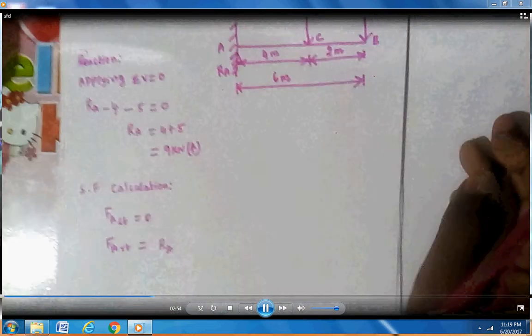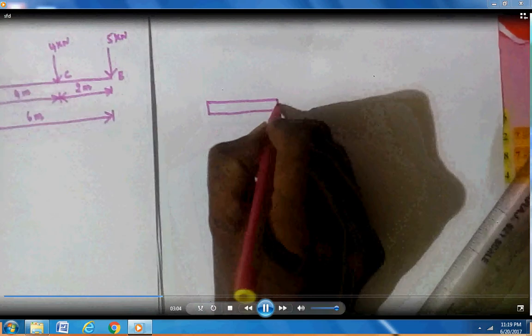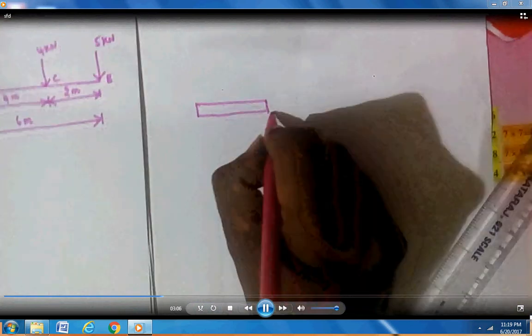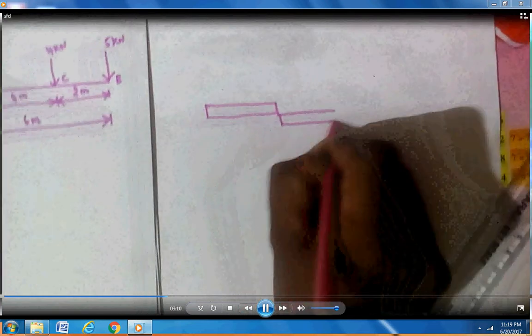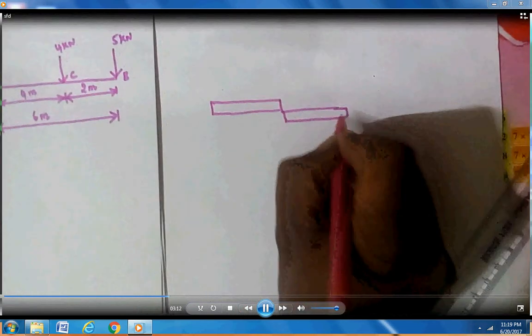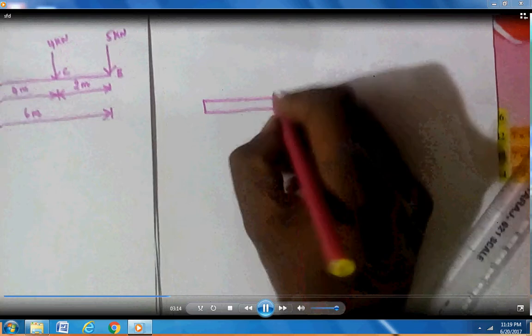Here we need to discuss the sign convention of shear force. If the left side of the section of the beam is higher than the right side, it is known as positive shear force.